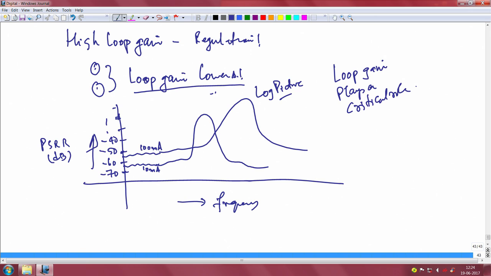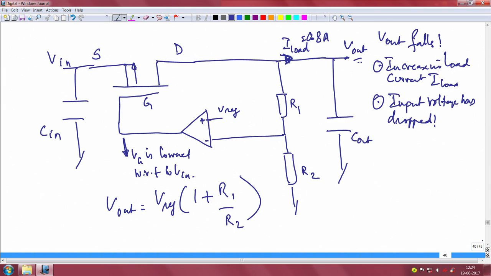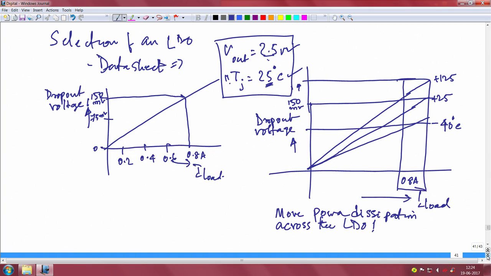Under low load, what do you mean by low load? What we mean by low load is just this, that the I load here, we are referring to the I load.